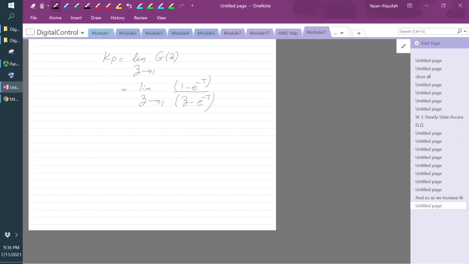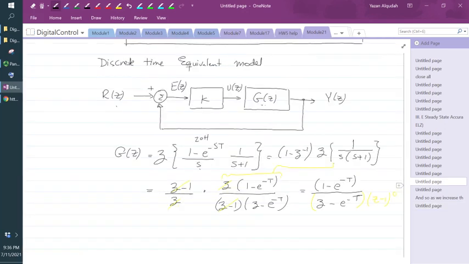Now one thing, I don't want to confuse anybody, but here we have again a K in the system that I took out of G of z. Now when I calculate the steady state error, I'm going to have to account for all the gain in here. So this K, I could have originally included it with G of z.